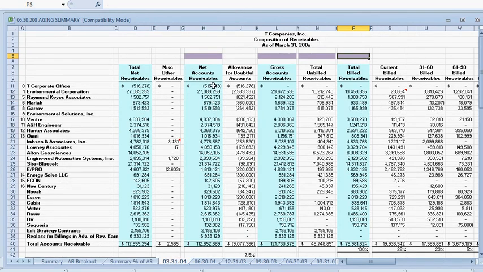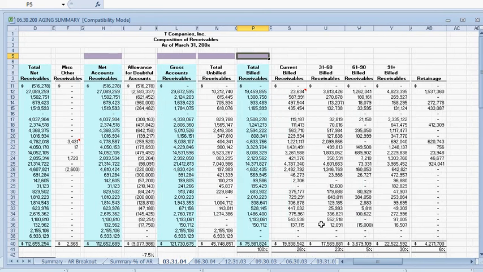Now, as far as in numbers, you see it broken out. You see that this is a composition of receivables done by the companies like I was showing earlier. You see the net accounts receivable, gross accounts receivable, but the total billed receivables is more what I'm looking for, because I'm comparing these three columns that I was showing earlier.